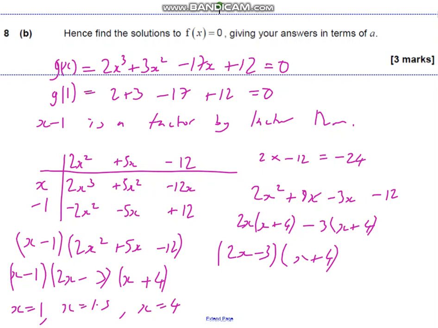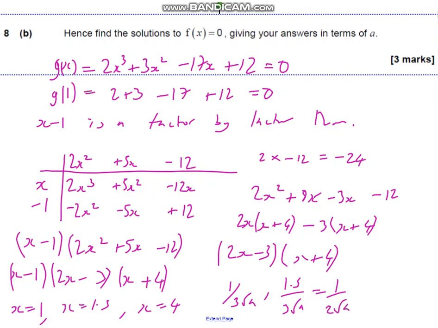Okay, now to get my solutions to f of x, I just need to divide all these by 3 root a. So I'm going to have 1 over 3 root a. Then when I divide 1.5 by 3 root a, I could write that down, so 1.5 over 3 root a. That will simplify because that will be 3 over 2, so the 3's will cancel out, which is going to give me 1 over 2 root a.